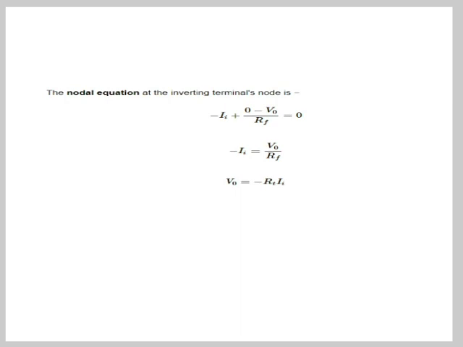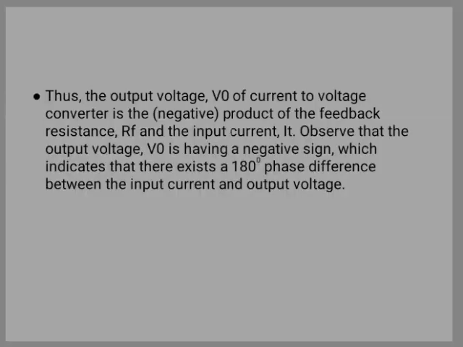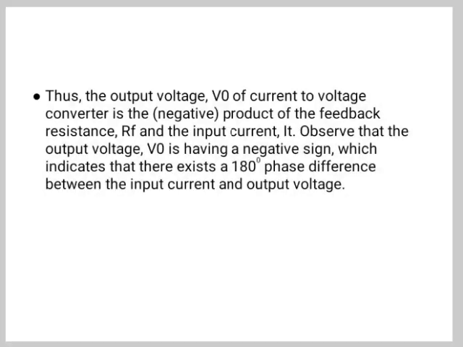The output voltage V0 has the negative sign, and it indicates that there exists a 180-degree phase difference between the input current and the output voltage. So we can write this equation as V0 by Ii equal to minus Rf.